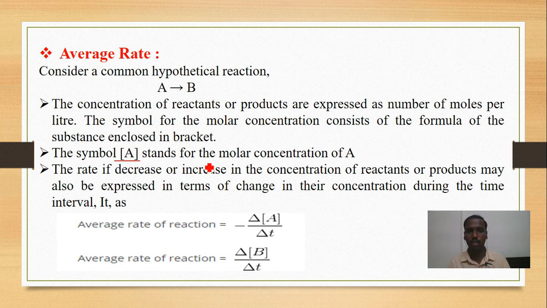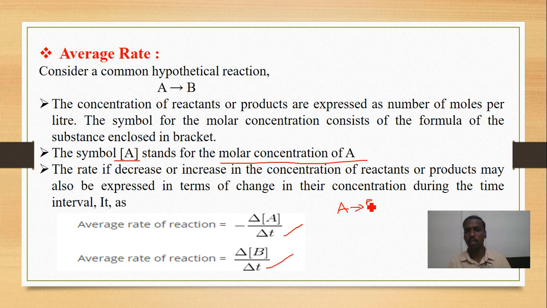It stands for the molar concentration of A. Finally, we can express the average rate with respect to reactants like this, and with respect to products like this. That is, the change in the concentration of the reactant with respect to time, and the change in the concentration of the product with respect to time.